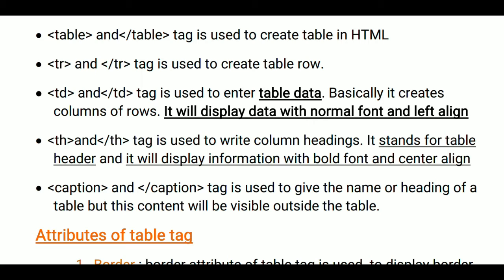So the tags we discussed: first the table tag to create the table in HTML, then the tr tag to create a row, then the th and td tags to create columns or enter data, and then the caption tag to give the heading of a table. These are the four basic tags that we have to remember for the creation of a table.